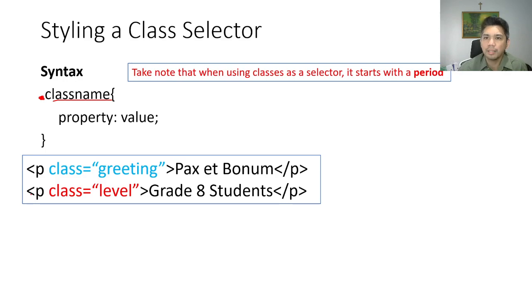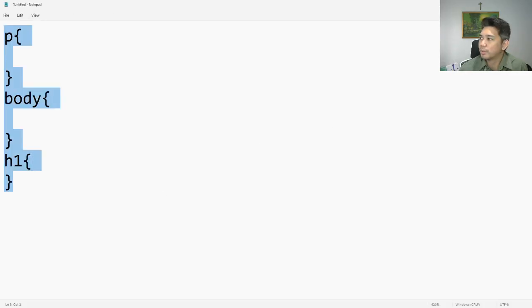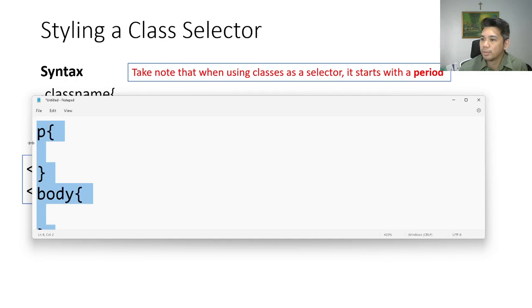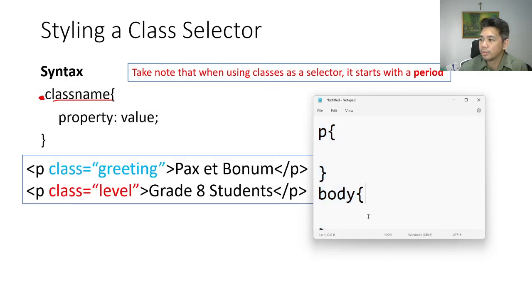Now to do that, you have to think first, how will you write the selector? How will you start the CSS? So again, as the syntax mentioned, you have to start with a period first, followed by the class name.